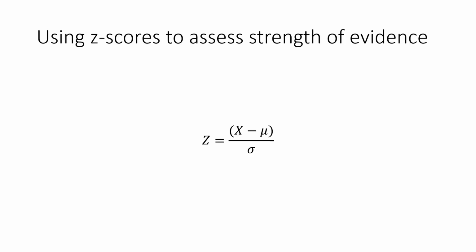Because z-scores are a measure of how unusual or extreme a data value is, we can use them to assess the strength of evidence against the null hypothesis as an alternative to using p-values. Here's the way this works. We take our usual formula for a z-score, and in place of x, the data value, we plug in the statistic we got from our sample.